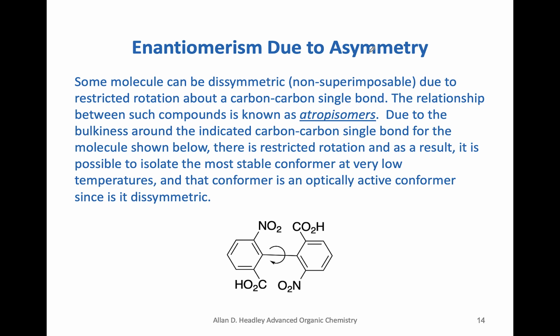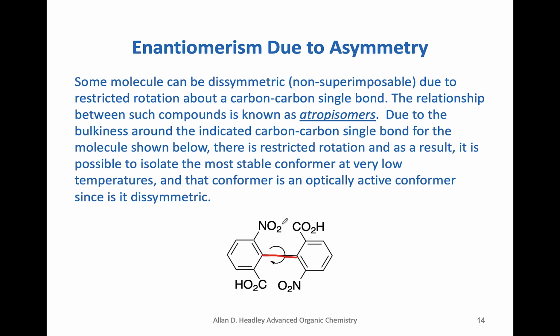Let's look at another concept here, and this is one that's called an atropisomer. Let's see if you can visualize this one, because it's a little tricky to see since it's drawn on two-dimensional paper, or screen in this case. But just imagine this bond here, and it can rotate.